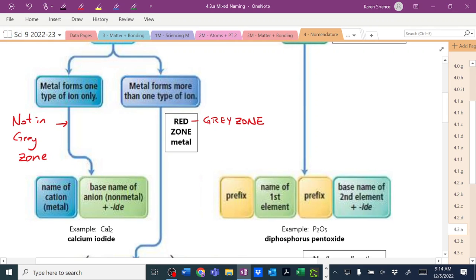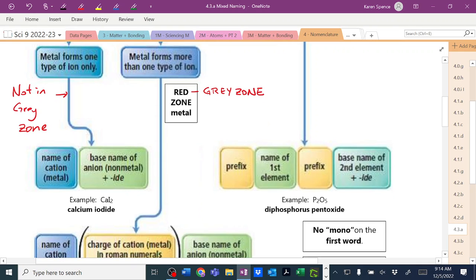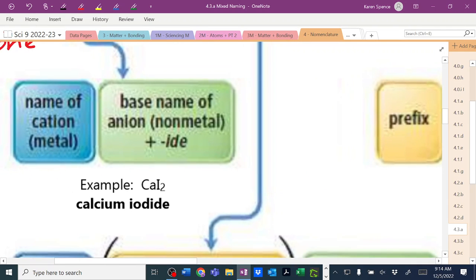That's like quiz number 1 that we did, where you've got, say, CaI2. Calcium is not in the gray zone, so you just name it calcium, and then I just changes to iodide. So that's lovely and easy.